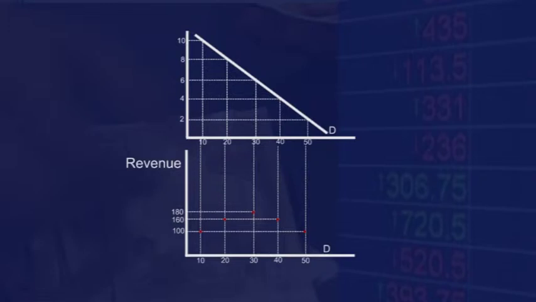If we cut price when demand is inelastic, revenue falls. 50 times 2 is 100. And of course, we maximize sales by giving it away. You can get rid of 60 units if the price is nothing. But of course, if you do that, you have to charge a zero price and revenue falls to zero.